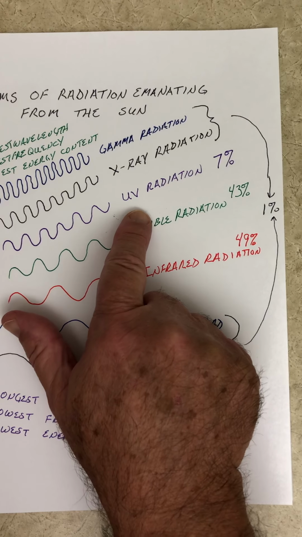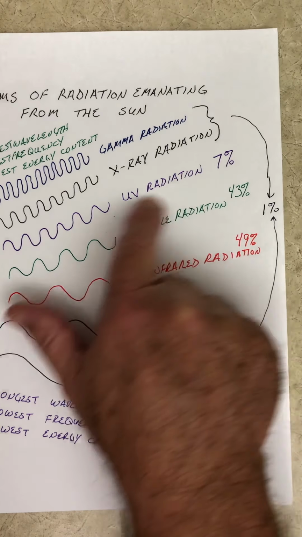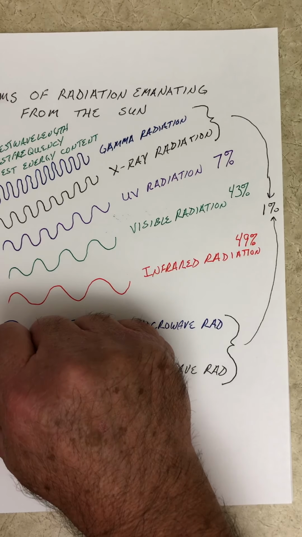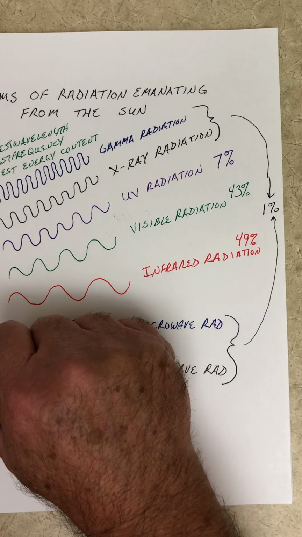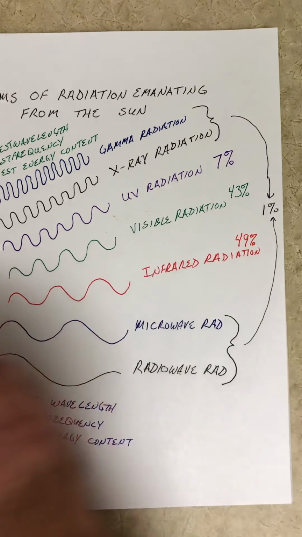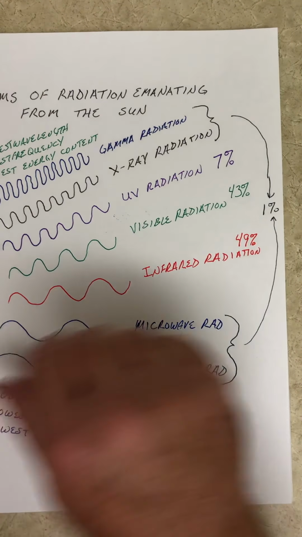About 7% of the solar radiation that reaches the top of the Earth's atmosphere is in the form of ultraviolet radiation. And as we mentioned in Chapter 2, a lot of that ultraviolet radiation is absorbed by ozone in the stratosphere. Again, that's why the stratosphere warms up, because of the absorption of ultraviolet radiation.